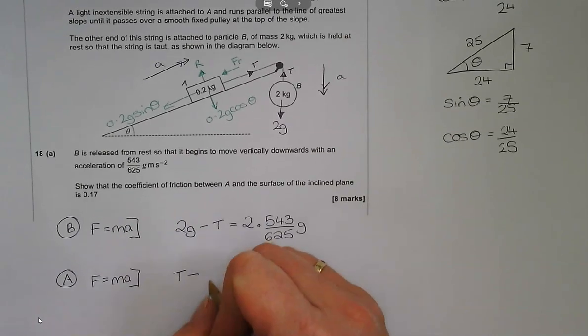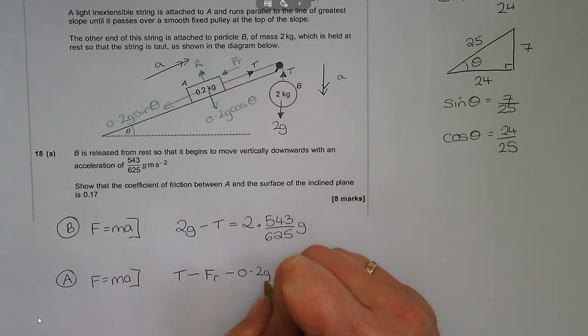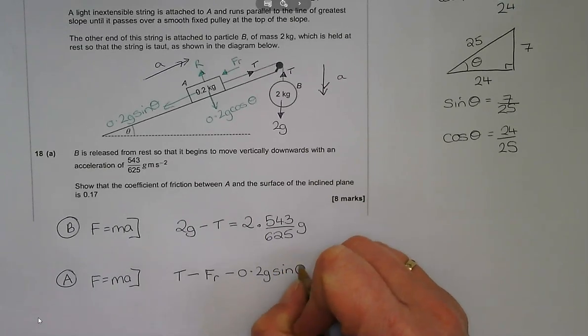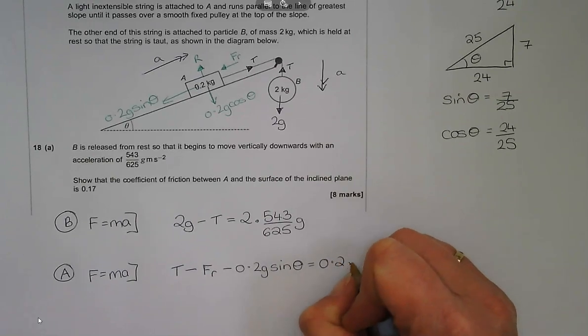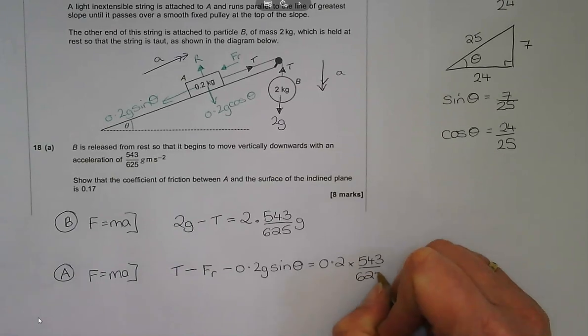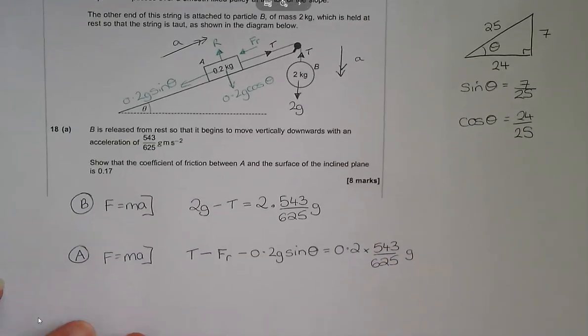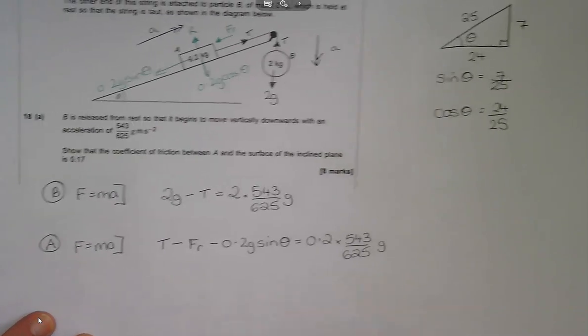Friction is coming down, so we take that away, and we also take away 0.2g sine theta. And that's equal to the mass, 0.2, times that acceleration again, 543 over 625g. Right, so we've got two equations, so we need a third.